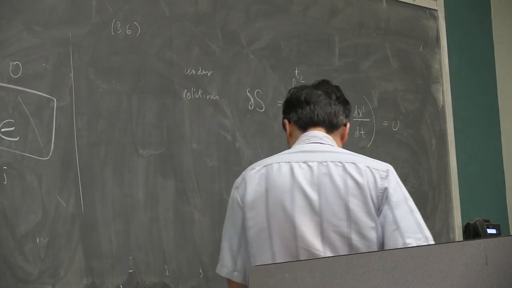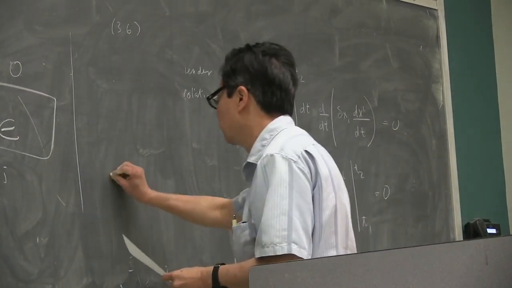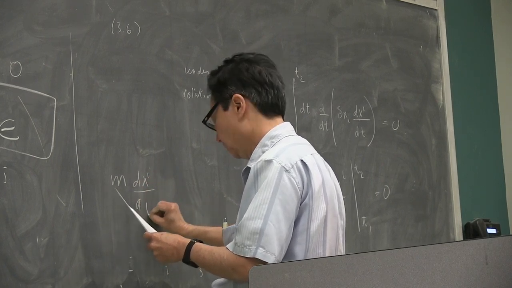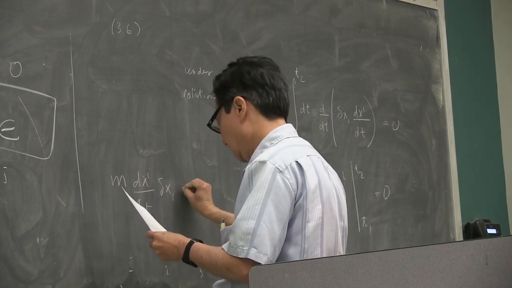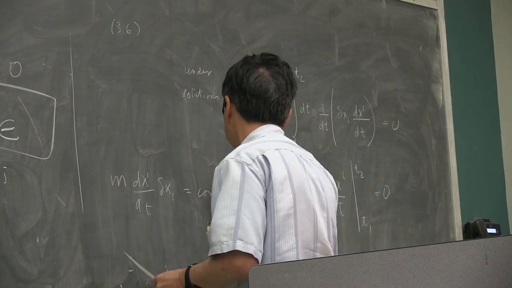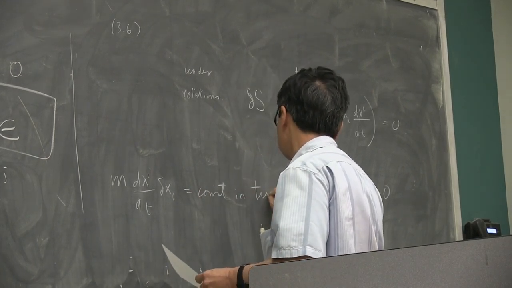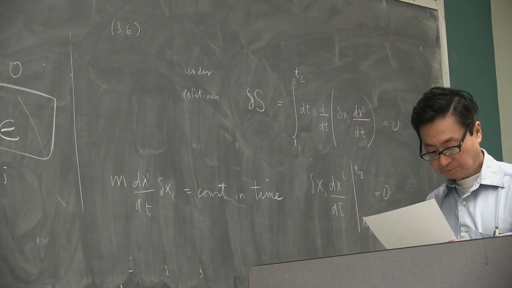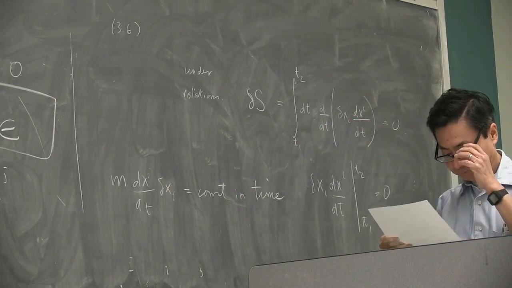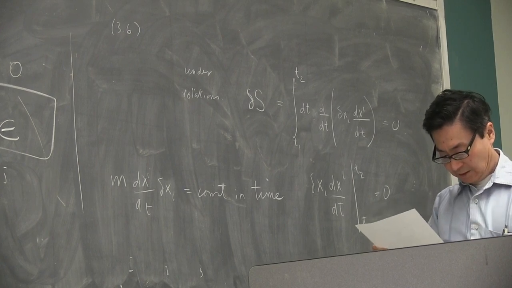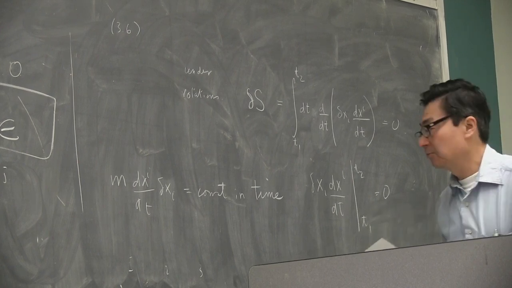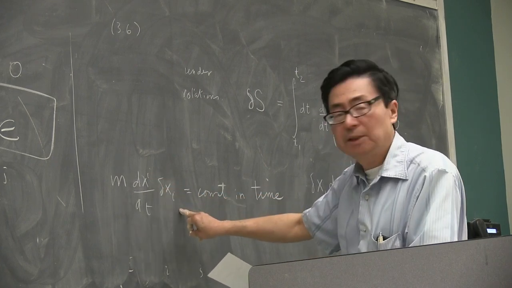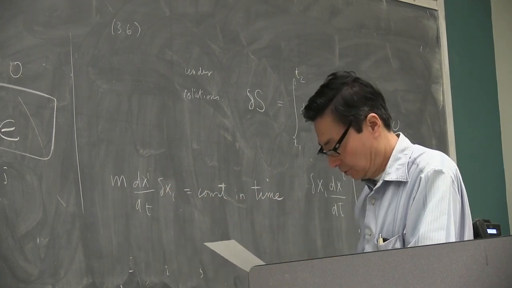So that means this, that m times dxi dt times delta xi is constant in time. Okay? Okay, play a little game in here first. This is still understood in the sense of the Einstein summation. Okay, well, i is to be summed over.